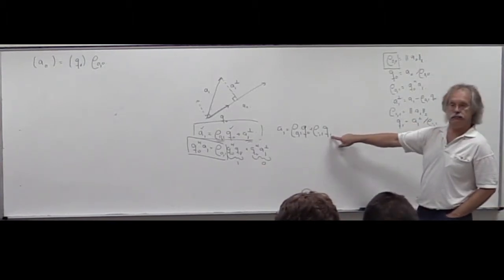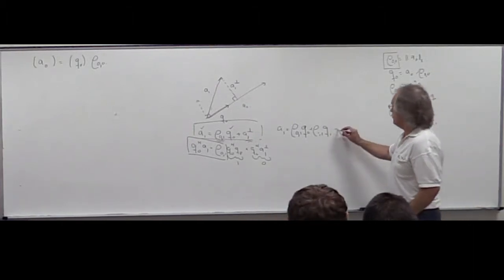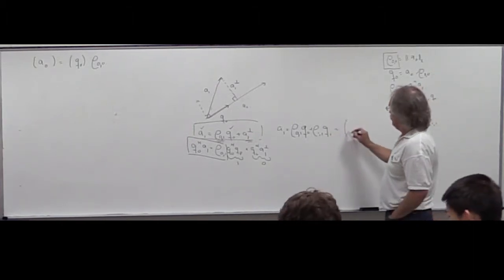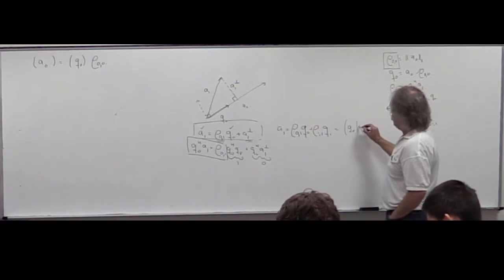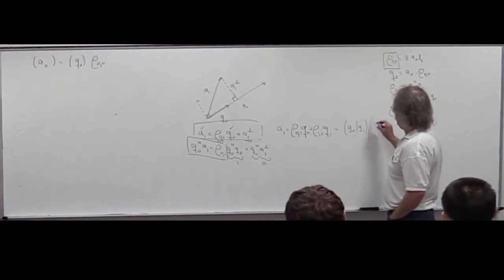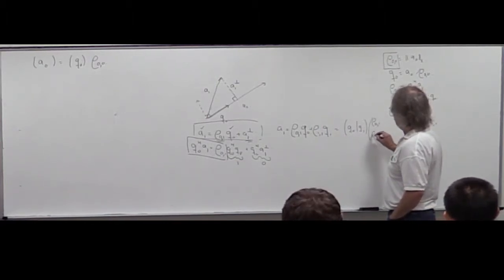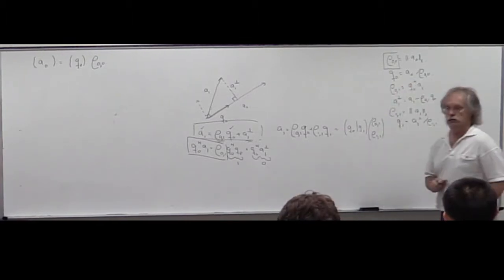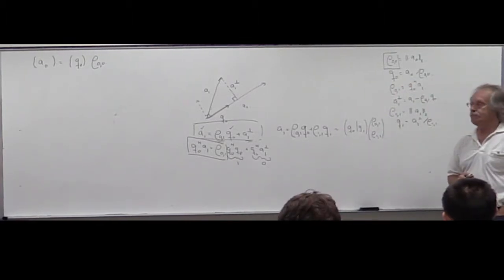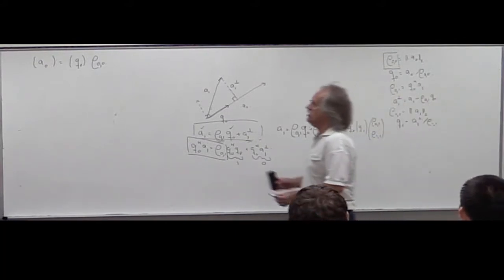You see that? And that you can write as the vectors Q0, Q1 times the coefficients rho 0,1, rho 1,1. Okay? And that you can take up here.